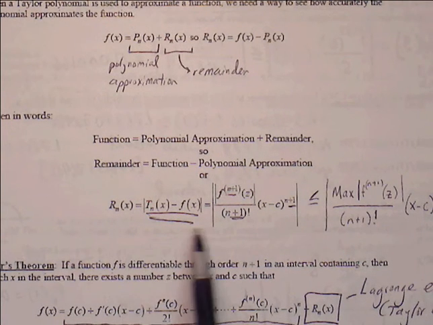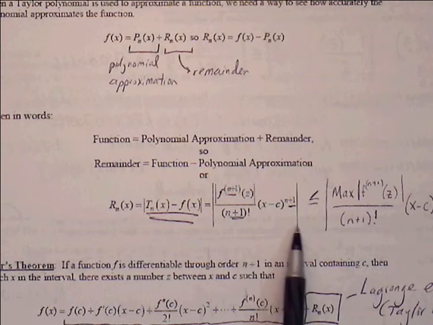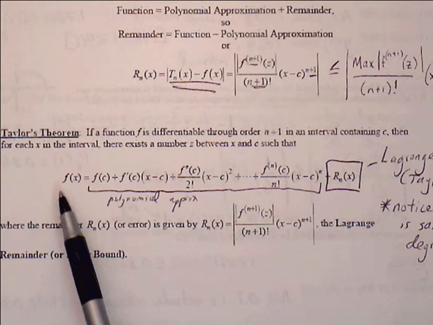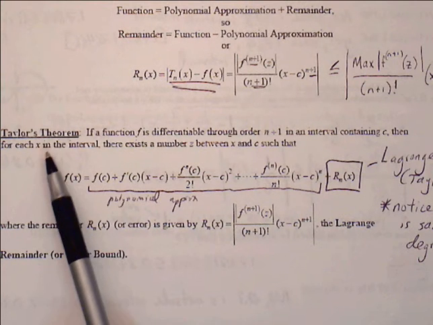Okay, so this is actually the Lagrange error bound, but let's recap a bit of what we've seen with Taylor's theorem.